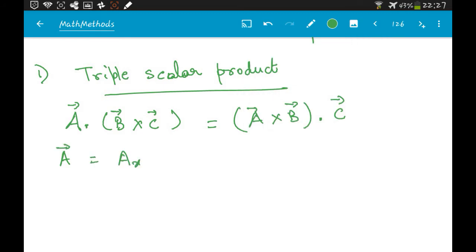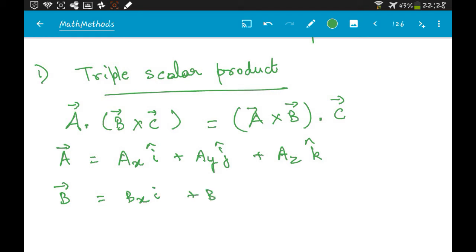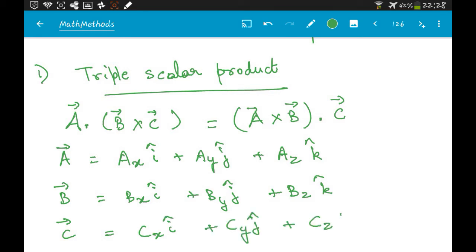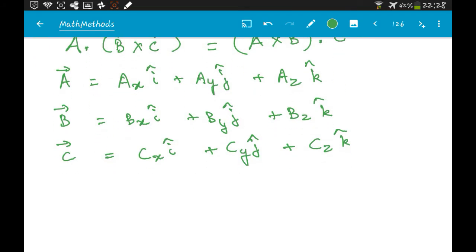A is AXi plus AYj plus AZk. Vector B is BXi plus BYj plus BZk. And vector C is CXi plus CYj plus CZk. This is our general definition of A, B and C, because these are vectors.